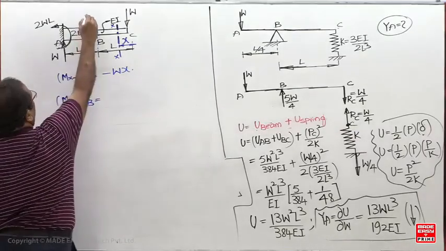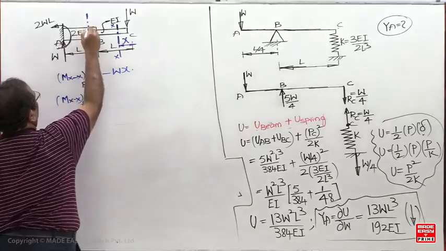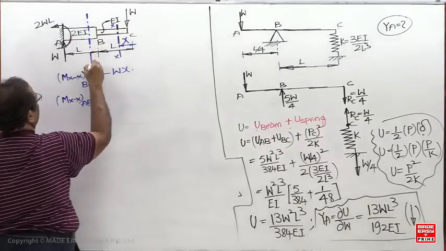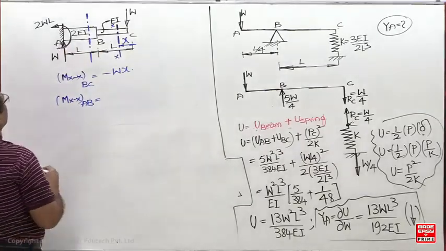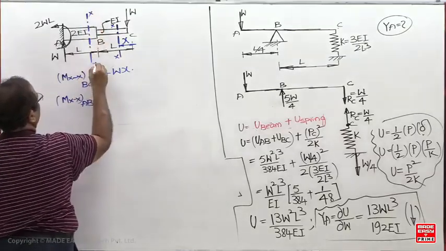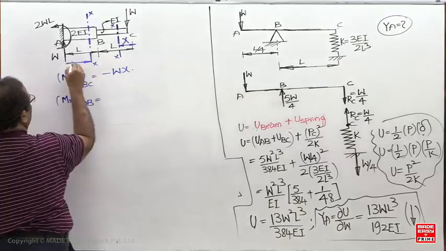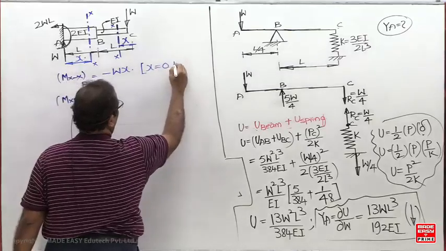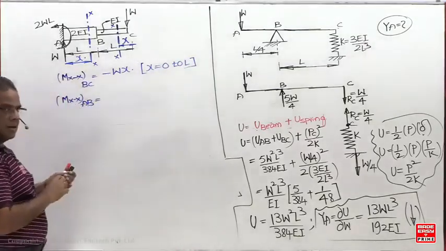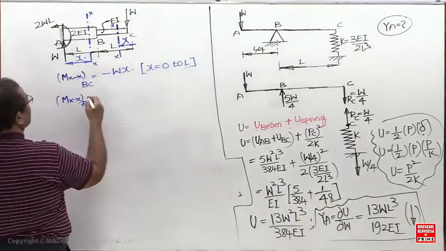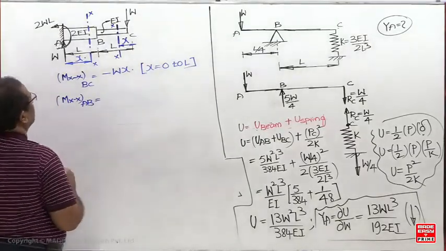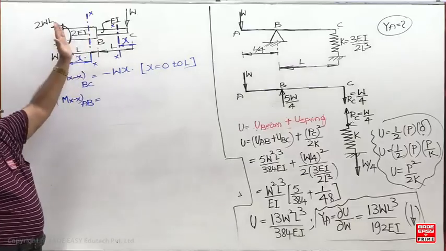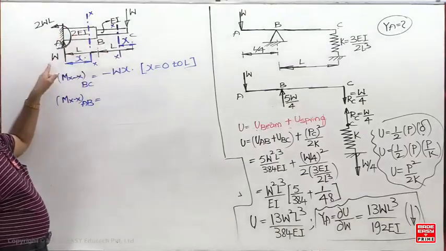AB. For this case, what are the limits? 0 to L. For this one, is it better to take the left side or the right side? The right side is better. On the right side there is only one moment, but on the left side there is one couple and one moment.